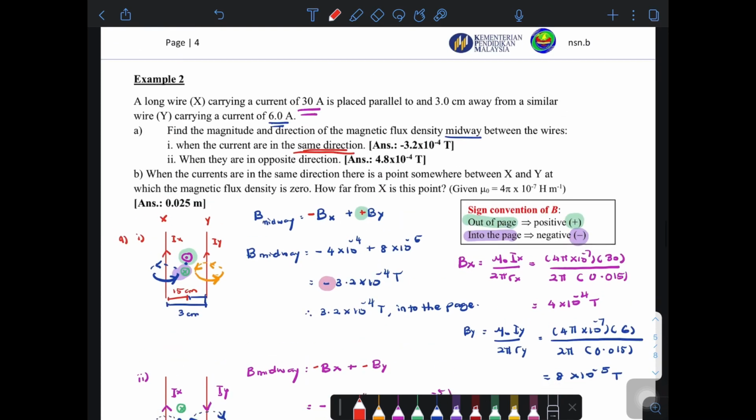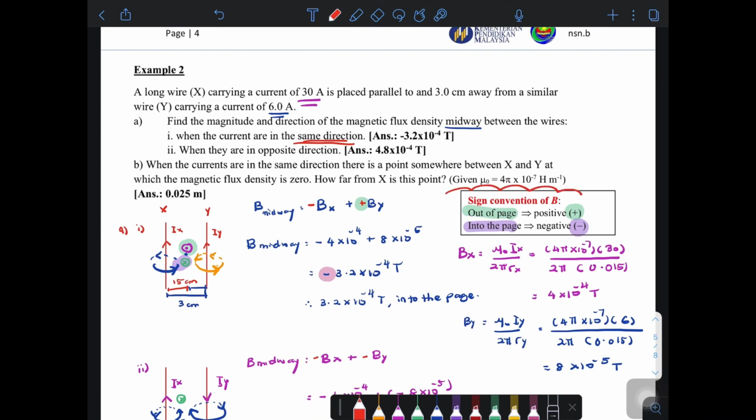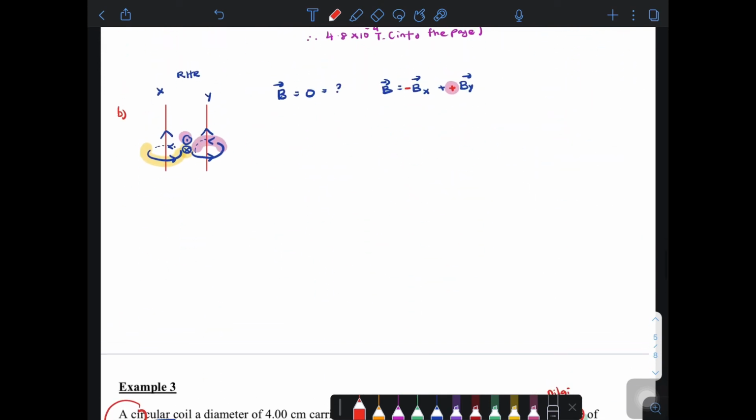Okay, ini daripada sign conversion yang ini. Into the page negatif, out of the page positif. Alright, so dekat mana B itu jaraknya daripada X, nilainya kosong. So kita tahu B ini kita nak kosong sama dengan negatif BX plus BY. Okay, so kita boleh susun balik, kita akan dapat BX is equals to BY.